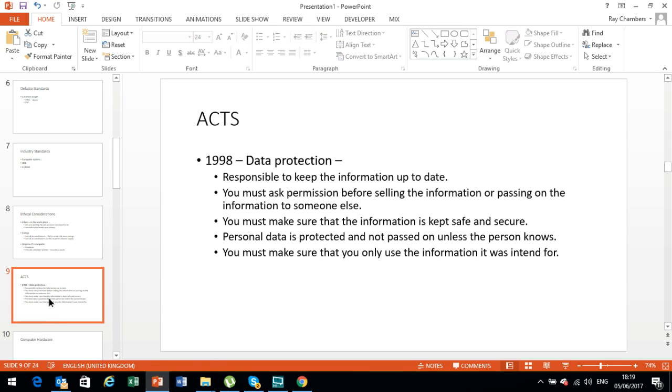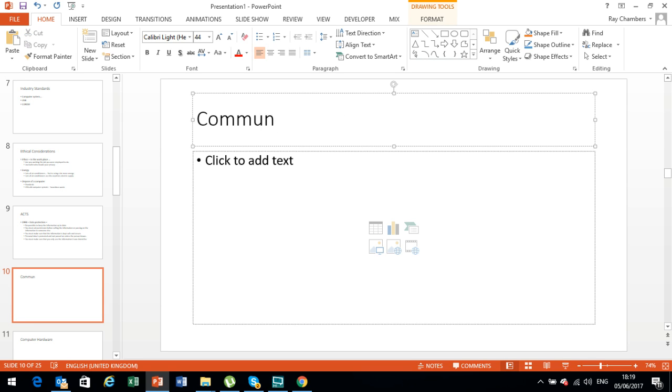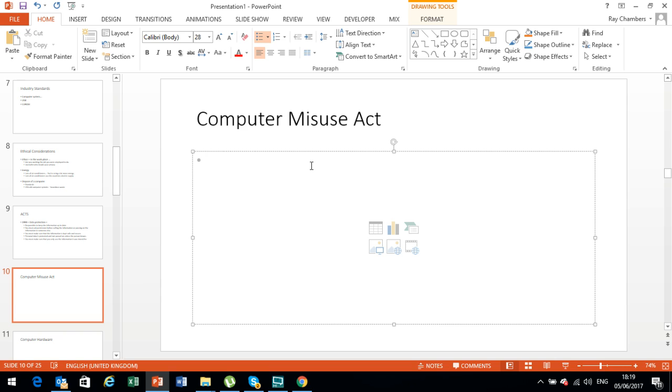The next one that the current Year 11 need to be aware of is the Computer Misuse Act. There are 3 laws to this that you need to consider. So 3 different areas.